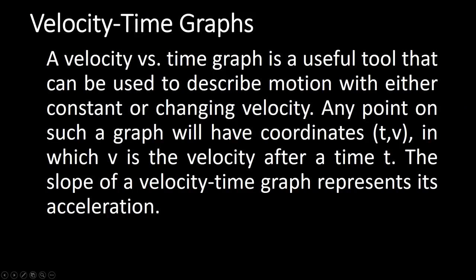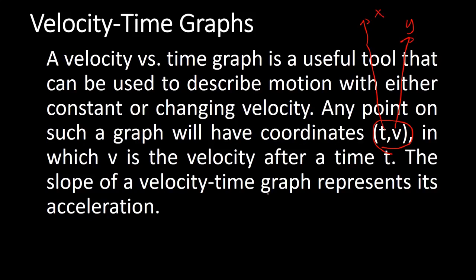So let's move on to the velocity time graphs. A velocity versus time graph is a useful tool that can be used to describe motion with either constant or changing velocity. Any point on this graph will have coordinates like this. Now take note that v here corresponds to our y-axis, and t here corresponds to our x-axis.